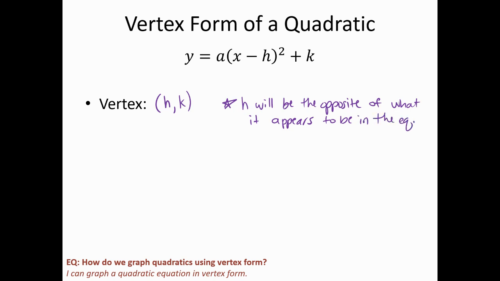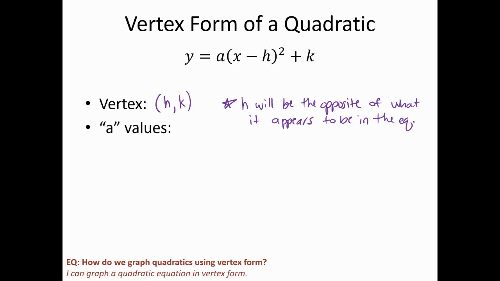You'll notice it says minus h in the equation, but in the vertex it's a positive h. So it does the opposite of what it appears in the equation. k stays the same. It's a constant, just a number, and it does stay the same.